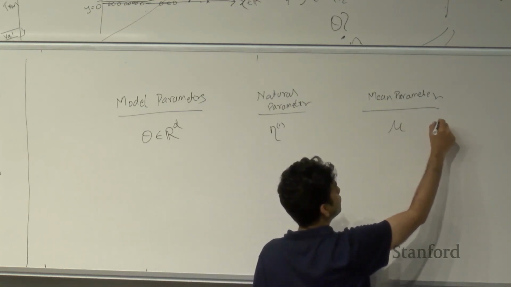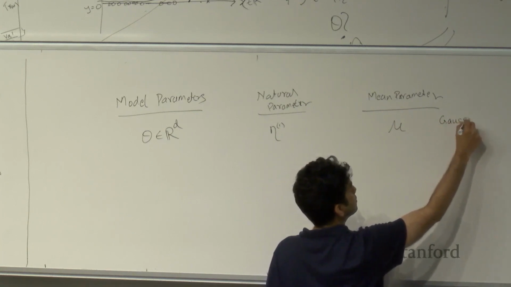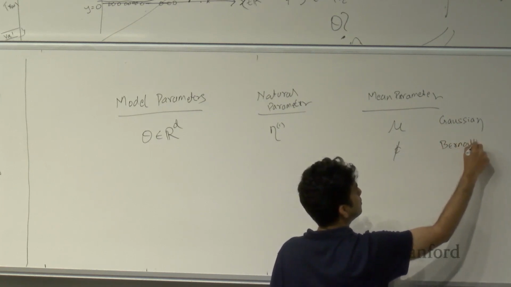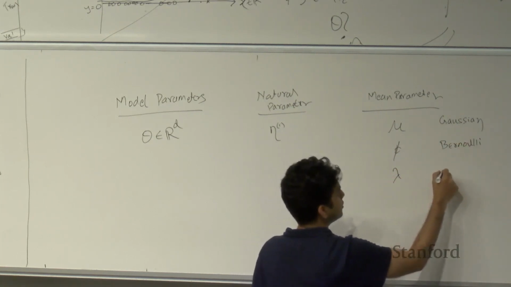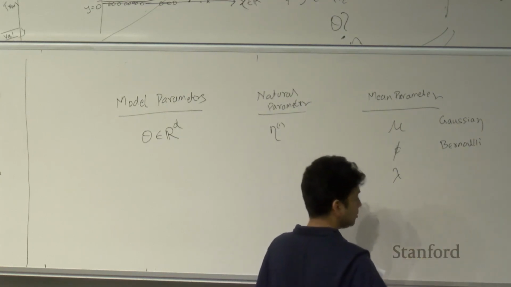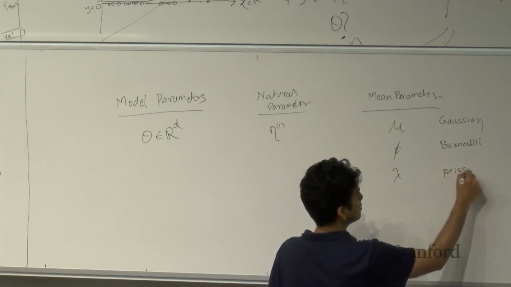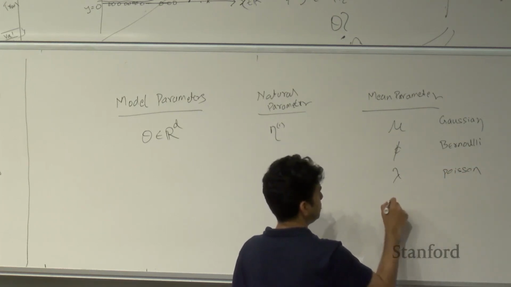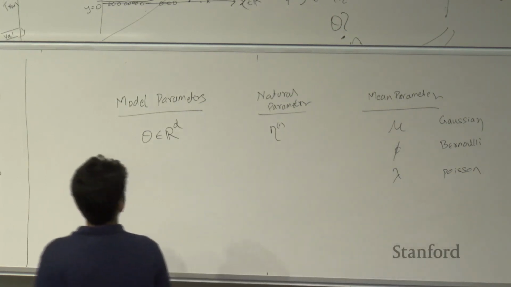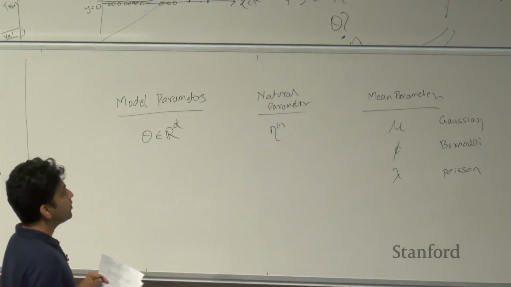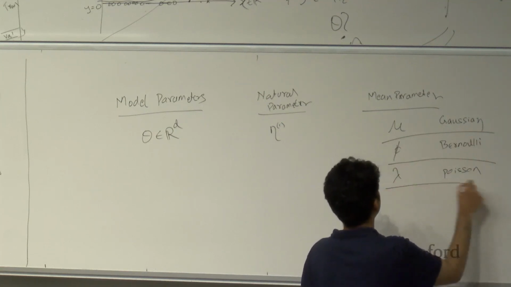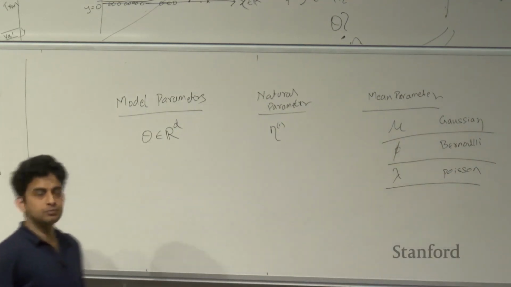For example, it is mu for Gaussian, phi for Bernoulli, lambda for Poisson, and whatever it could be. And the choice of the distribution implicitly chooses which mean parameter we are working with, right?